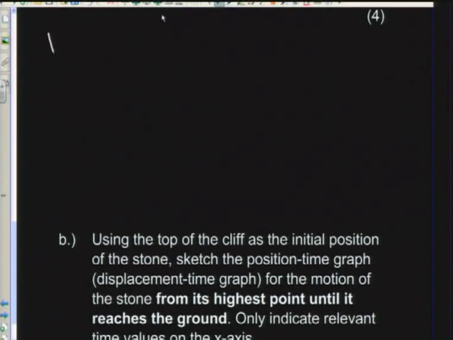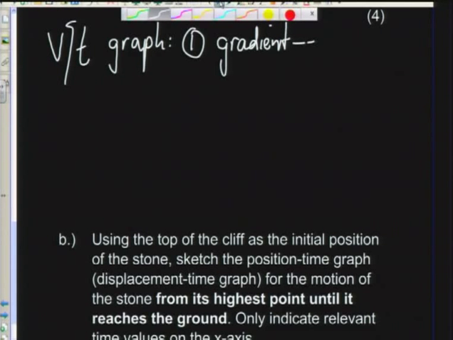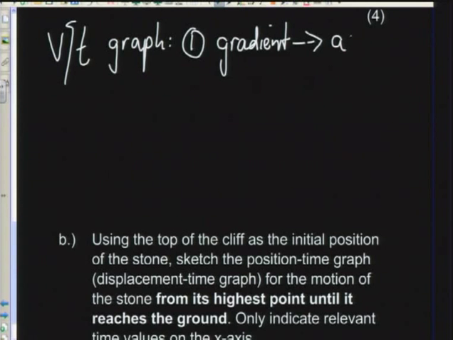From a velocity-time graph, we need to know, one, if I find the gradient of that graph, that gradient is going to give me what we call the acceleration.